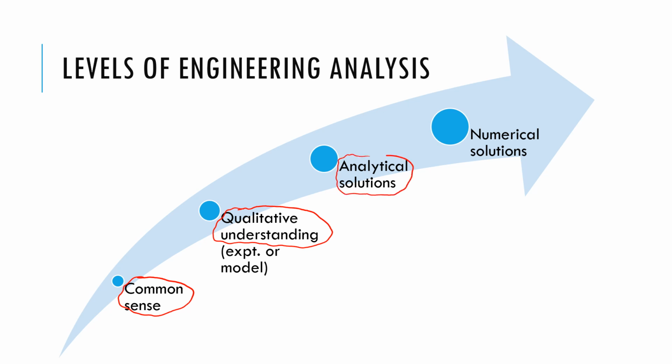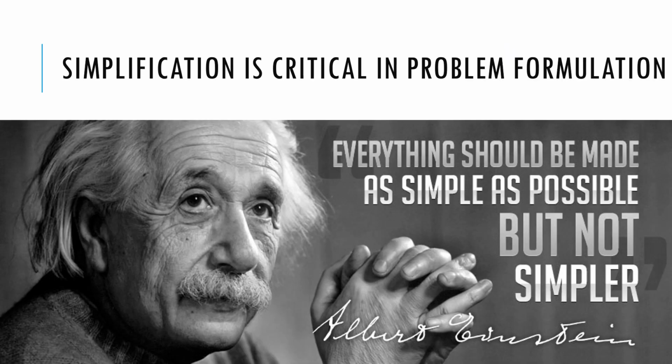Then we move on to restricted solutions for which analytical solutions are possible, and finally all the way to numerical solutions of the kind we're talking about here. Where do we start? We start from the simplest one that captures the essential physics.